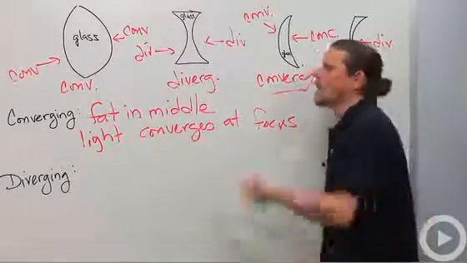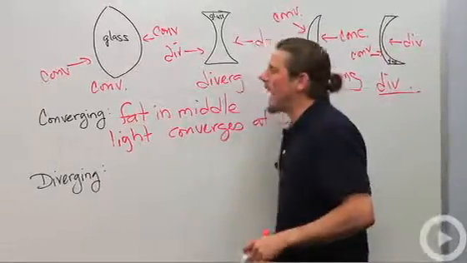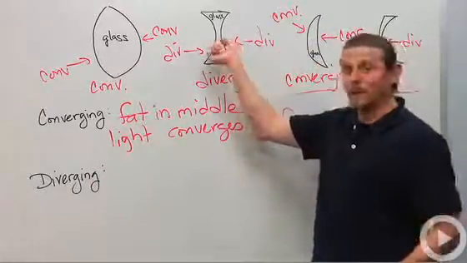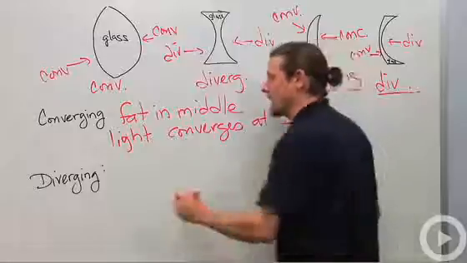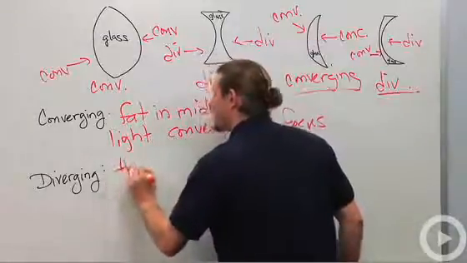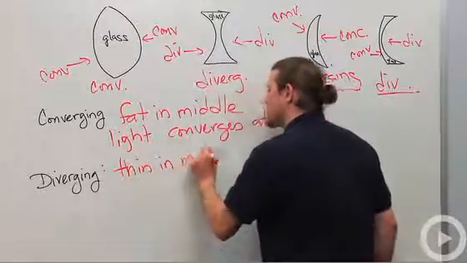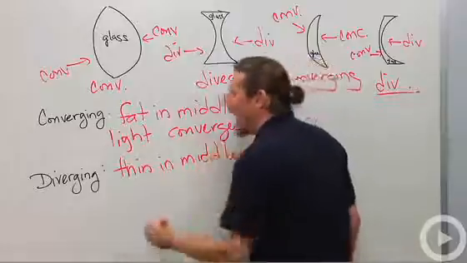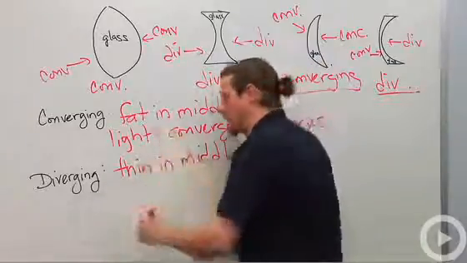All right? What about diverging? Well, if it's thin in the middle, then it's going to be a diverging lens. And it's going to diverge the light.